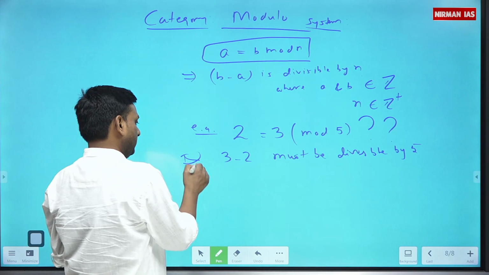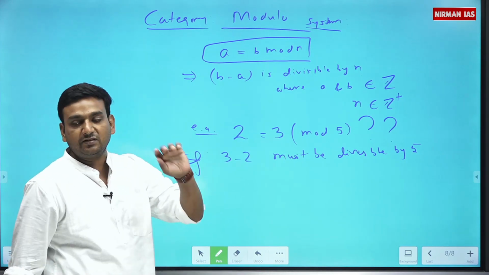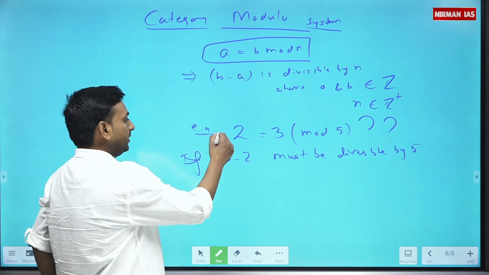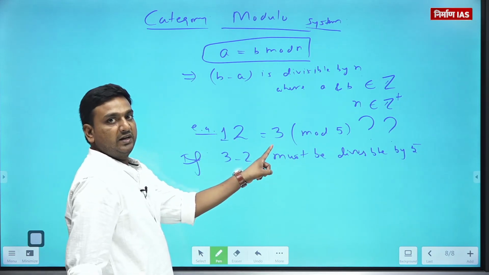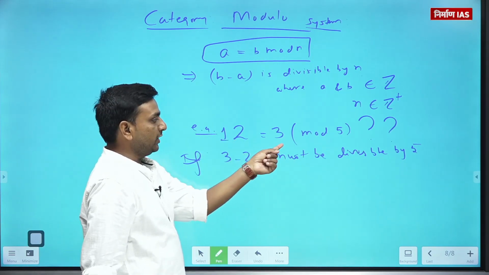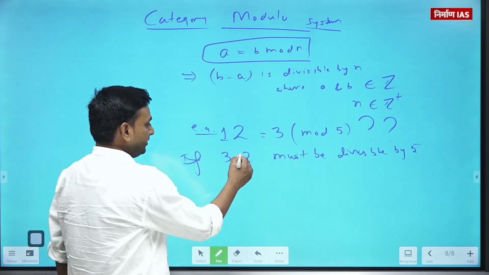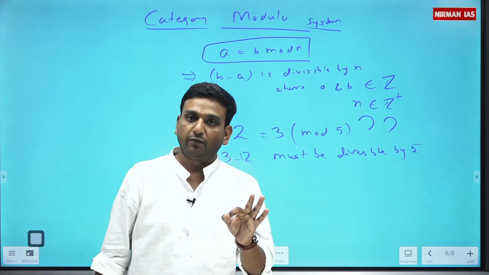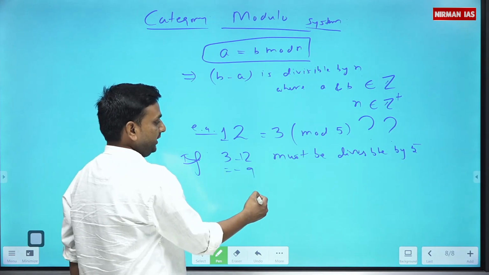If this holds, then only this holds, otherwise no. If I say 12 is congruent to 3 modulo 5, question mark, then 3 minus 12 must be divisible by 5. Is it? It is minus 9.